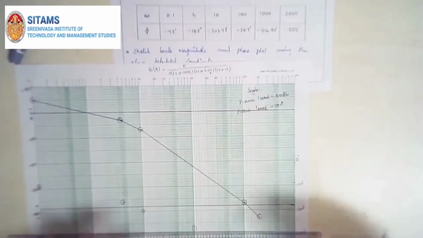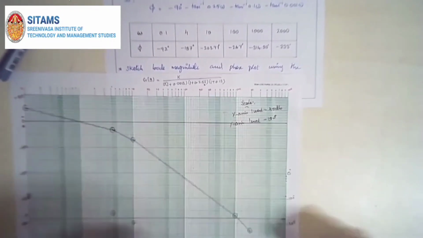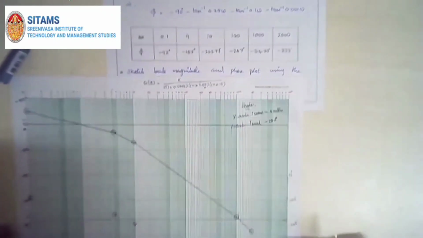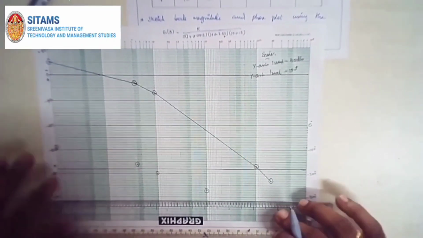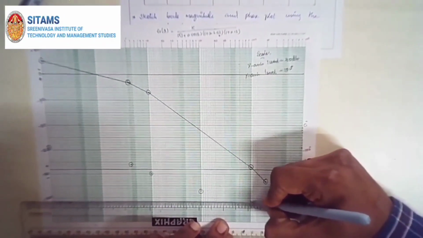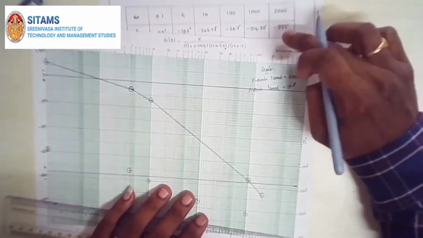And the next one is 314. So I will take minus 315. This is minus 310. Minus 315 will come between minus 310 and minus 320. So I kept my scale along that particular angle and the frequency is 1000. The 1000 line is this one. So exactly I placed it.